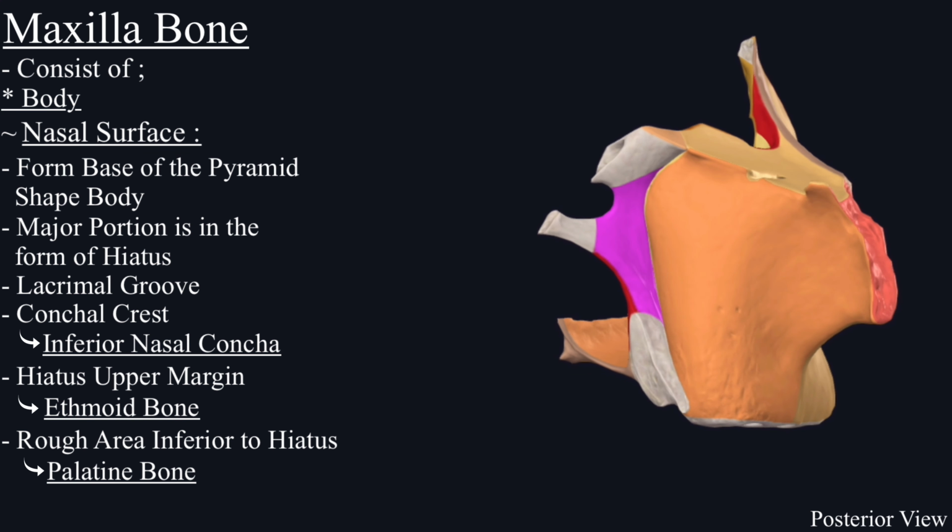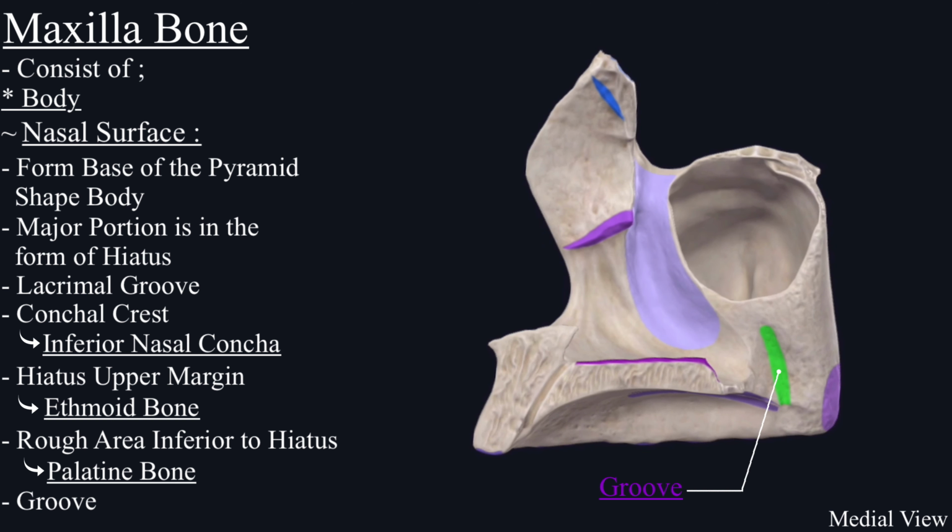And this lateral surface of perpendicular plate is attached to the rough area inferior to hiatus, as you can appreciate in this model. The groove which is present inferior to the hiatus will join groove on the palatine bone, and together will form greater palatine canal.